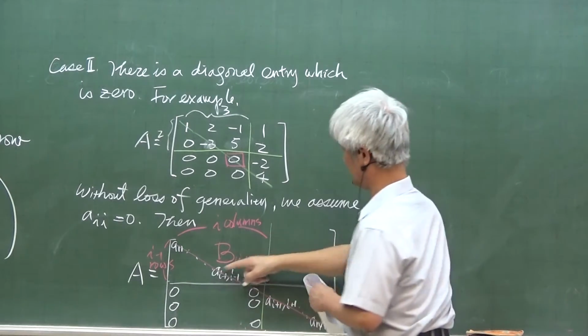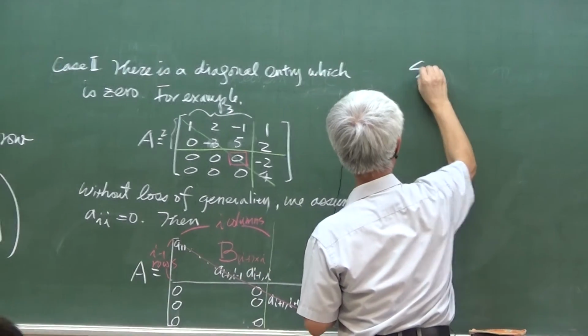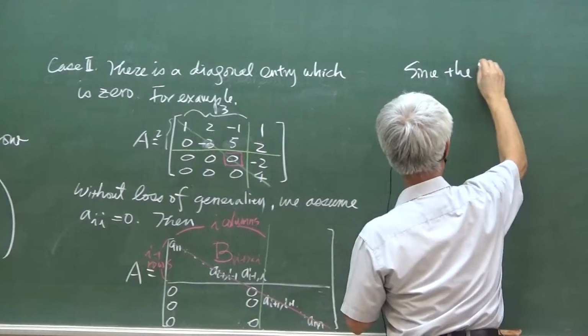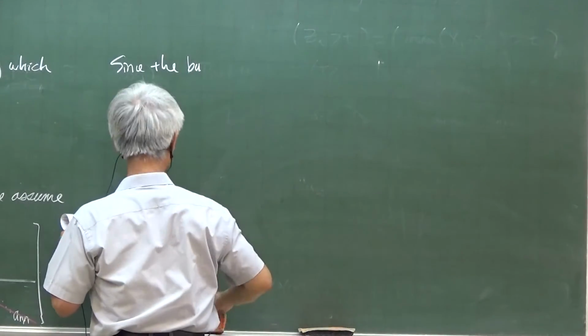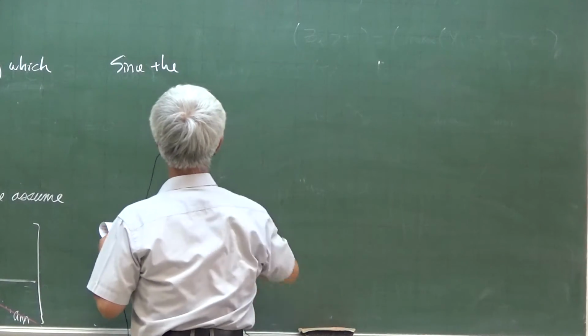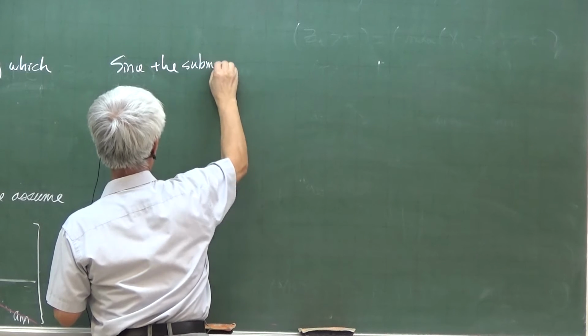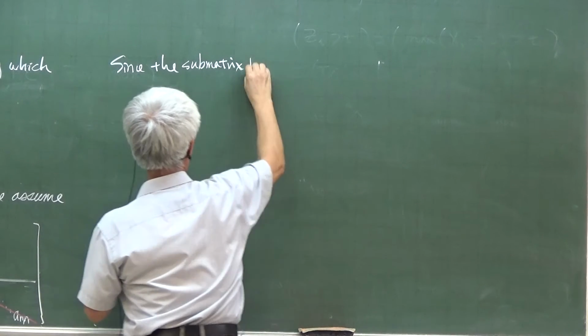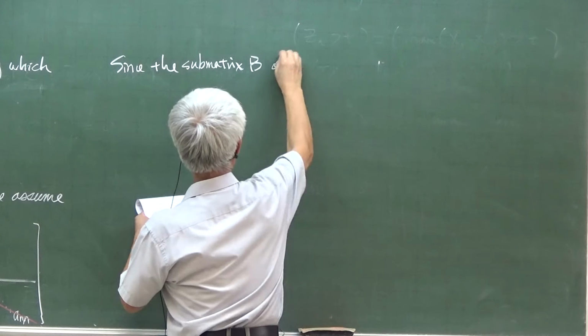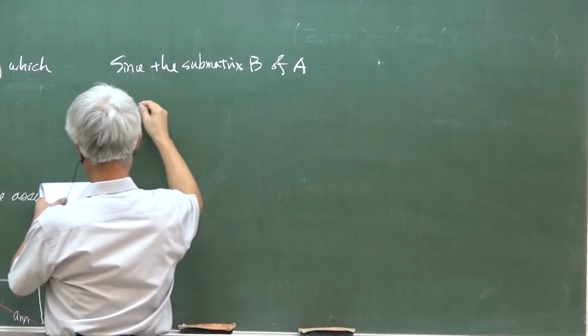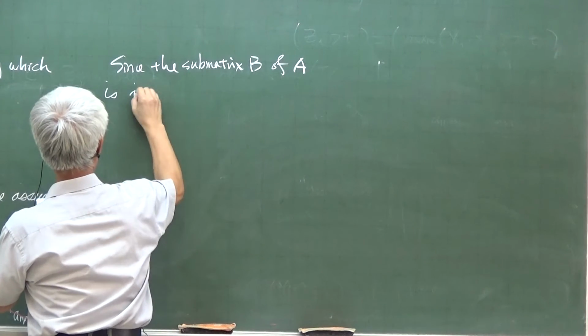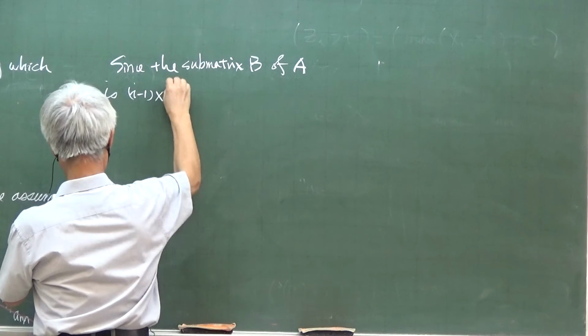Right, so now we look at the submatrix B of A, which is (i minus 1) times i.